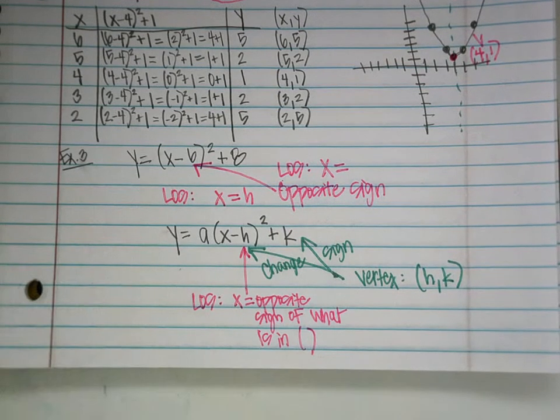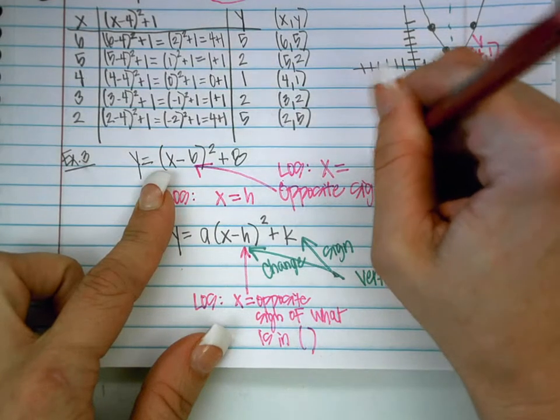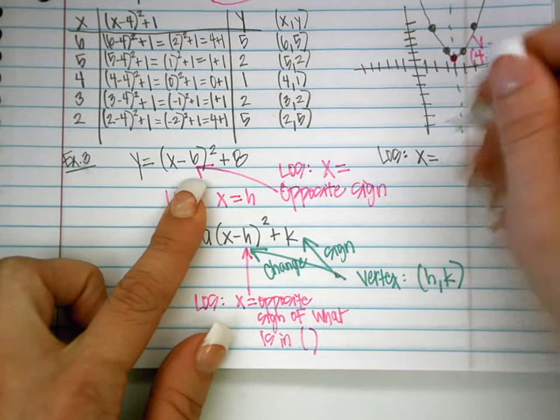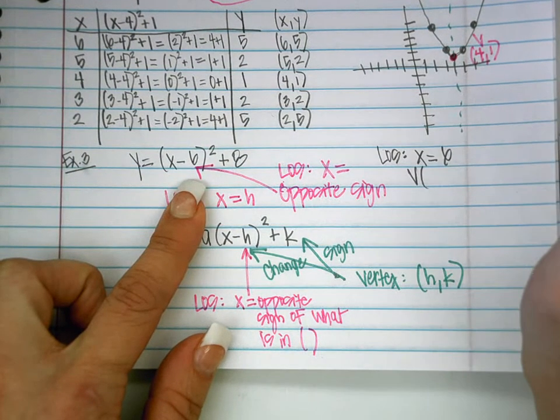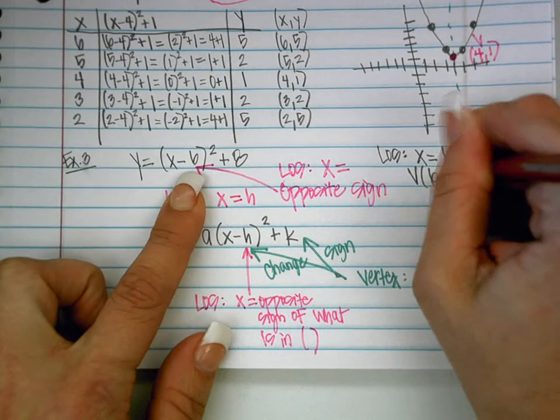So if I did number 3, what would be the line of symmetry for number 3? x equals 6. What would be the vertex? Change it, keep it: 6, 8.